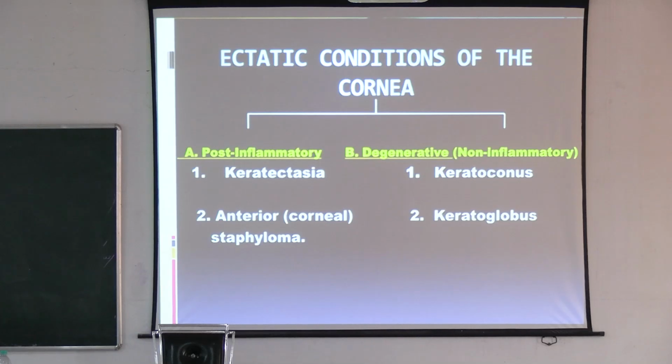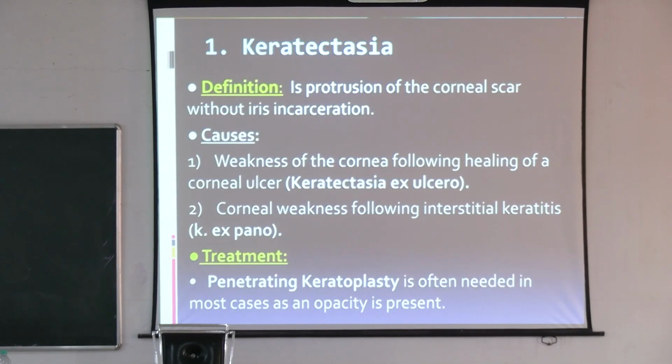The central part of the cornea protrudes forwards, just like a cone shape, and that is called keratoconus. In keratoglobus there is stretching of the stroma, and the cornea shape changes into a globular shape. So first we discuss keratectasia.